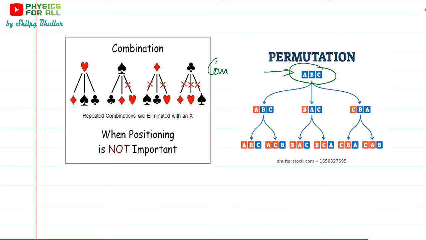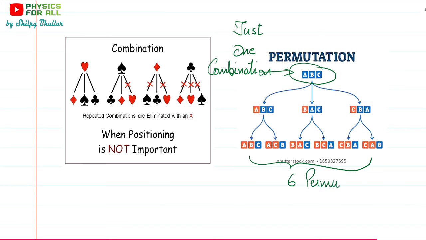If combination talks of these alphabets, it would say that you have A, B and C, all three are different, it's fine, stop here, that's it, because it doesn't take care of the order. It is only concerned with who is there in the group, not in what order. So that is just one combination. But how many permutations are there?